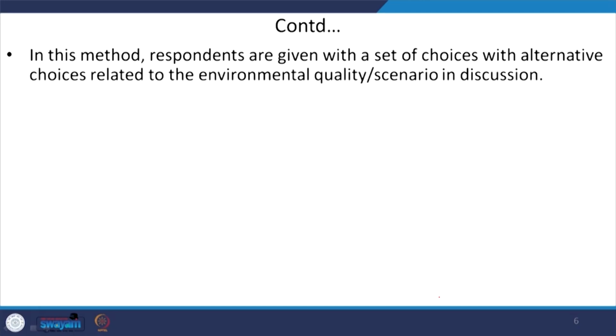So, here a set of choices are given to the respondents with alternative choices to a particular scenario in discussion, and then the respondents are asked to choose their preferred alternative from the set of choices. So, we will be directly asking that given these are the alternative choices, which one is the preferred one for you.